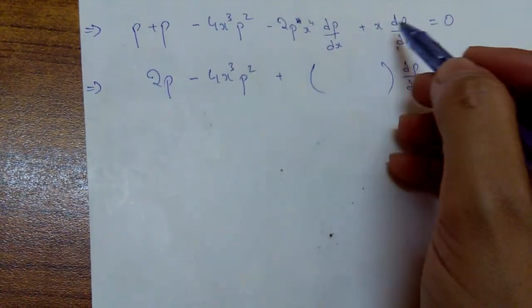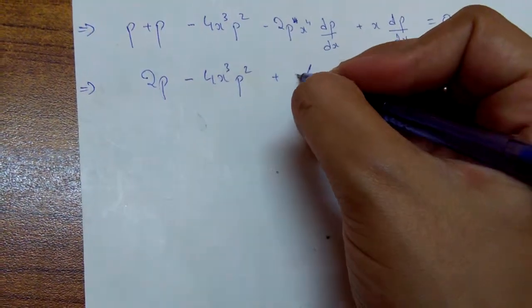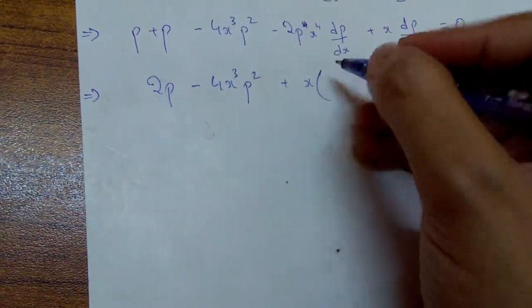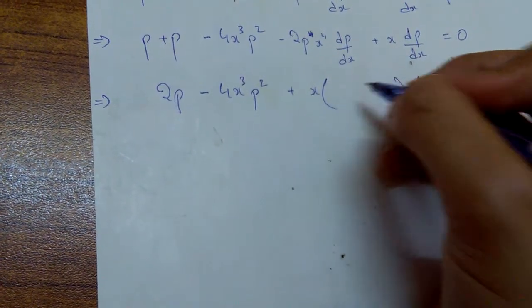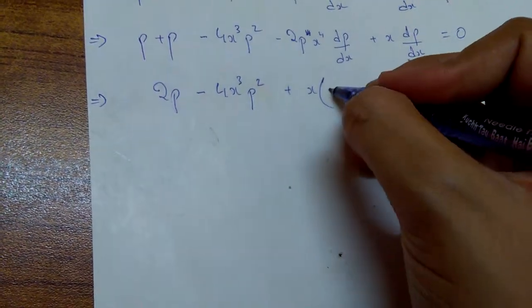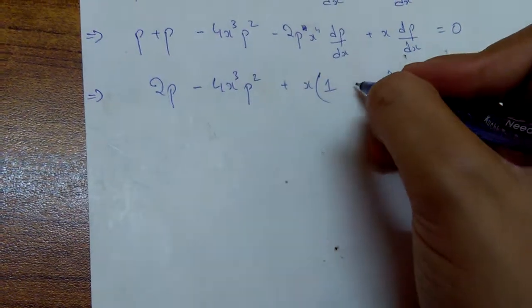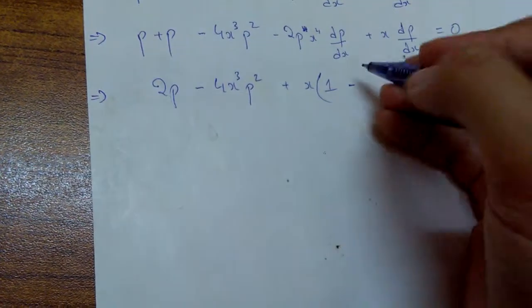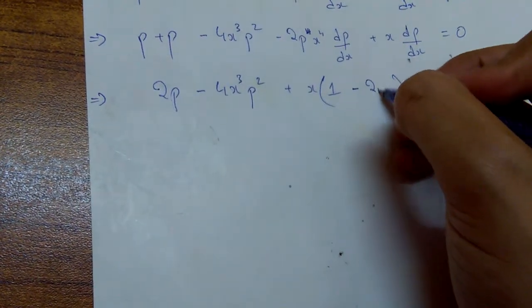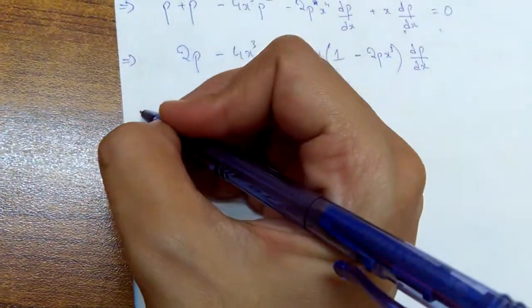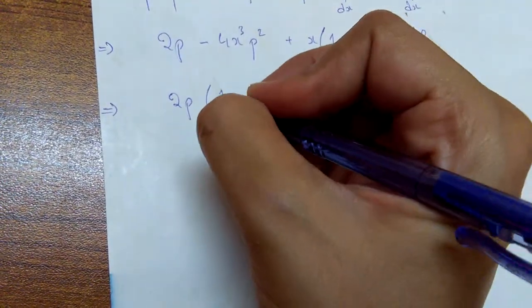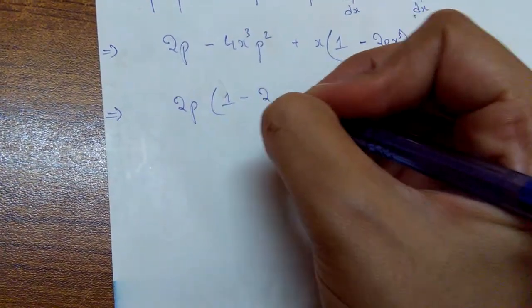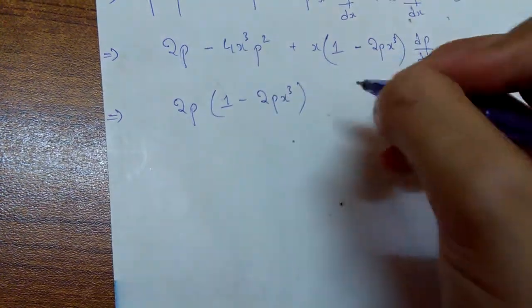You say yes, x is also coming common here. We just take it out as well. Just 1 is left with respect to this, and then minus over here 2px cubed is left. And here in these two terms also 2p is coming common. We just take it out as well, and here 1 minus 2px cubed is left.